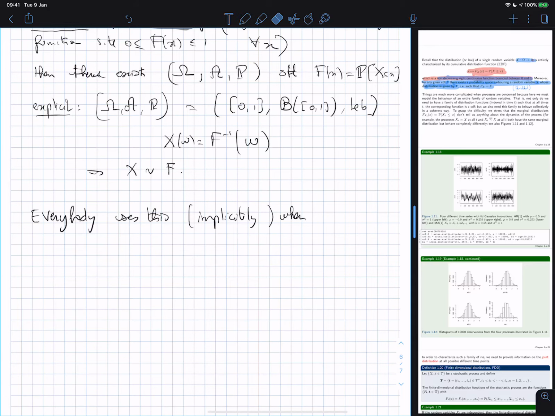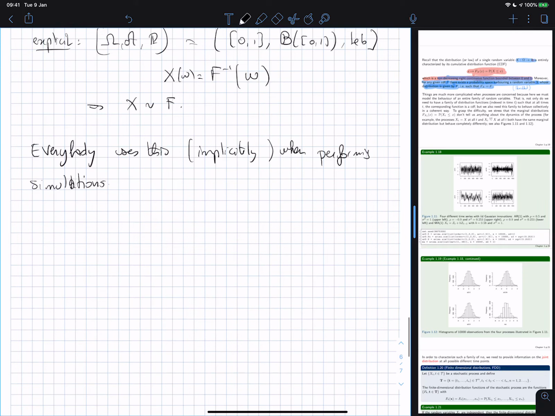you all use this when you're performing simulations. So for example, if you go into R and if you want to simulate an exponential random variable, what you do in R, let me open my RStudio.